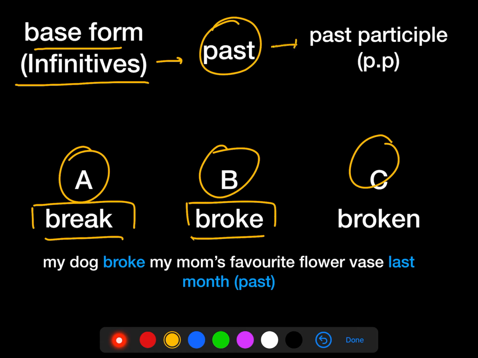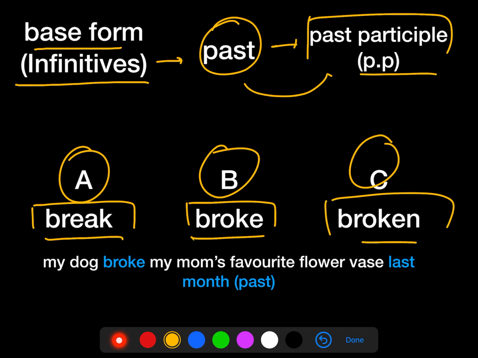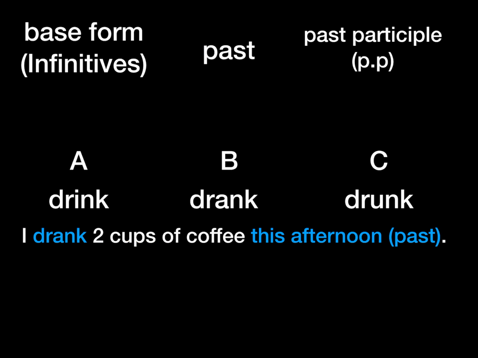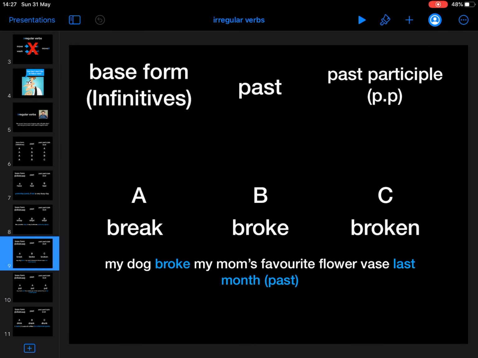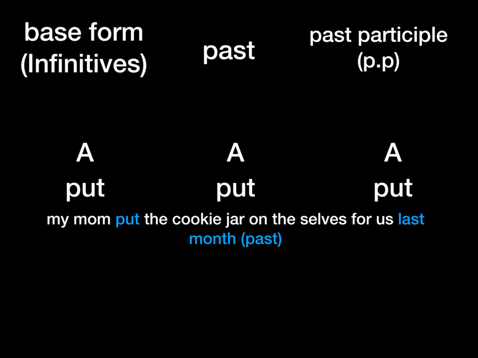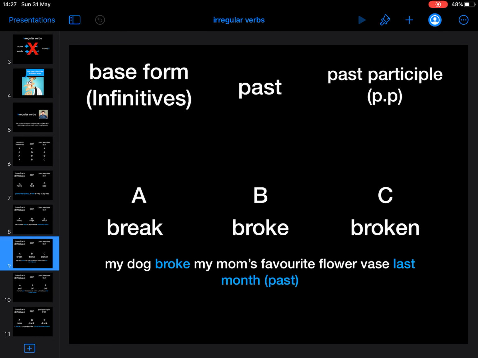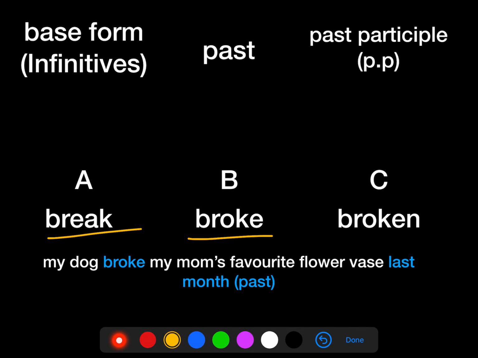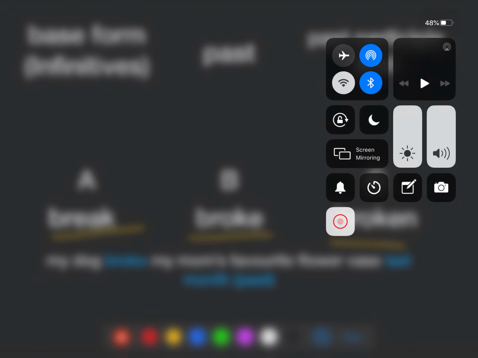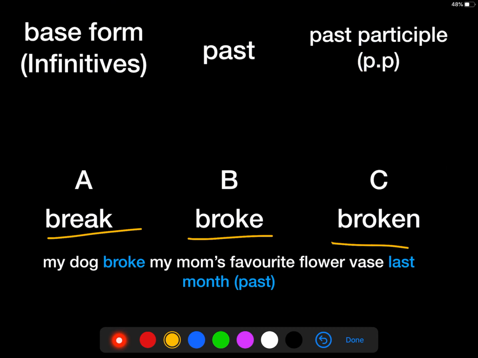And as well as past participle, it changes into broken. So it's a different word. So break, broke, broken. Break, broke, broken. Okay. ABC, so this one's pretty hard.